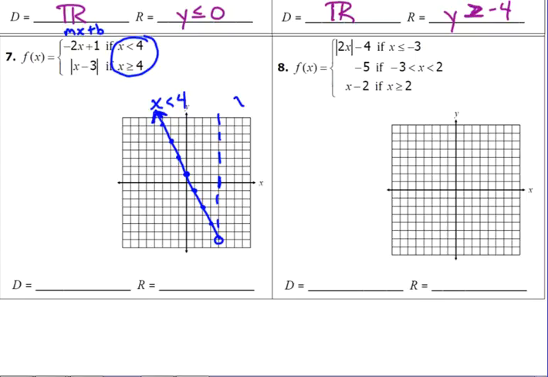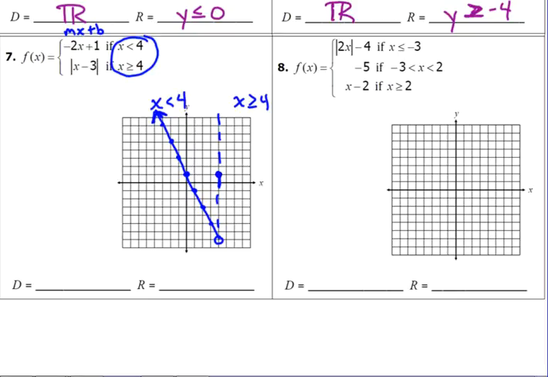The right side, when x is greater than or equal to 4, I use that absolute value function. So I start at 4. x equals 4, so I'm going to plug 4 into the equation. 4 minus 3 is 1. The absolute value of 1 is 1.